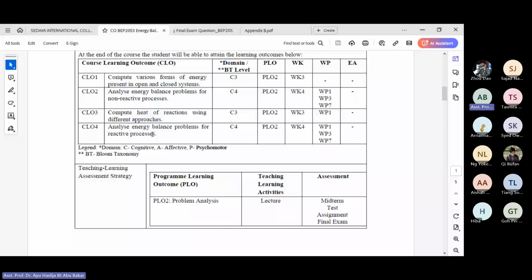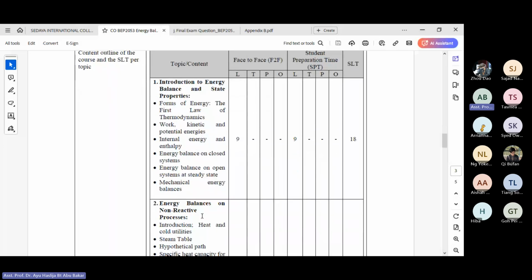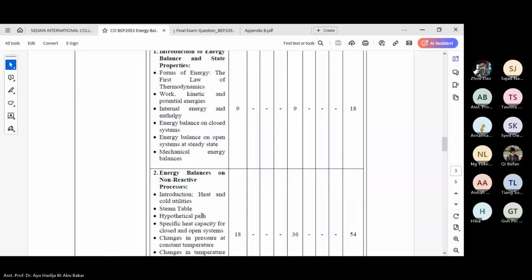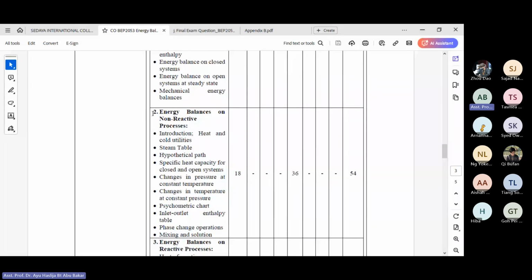Now, topic 1 is about energy, the types of energy, kinetic, potential, all of this. The introduction to energy balance, closed and open systems. Then CLO2 is about non-reactive systems, which covers topic number 2.